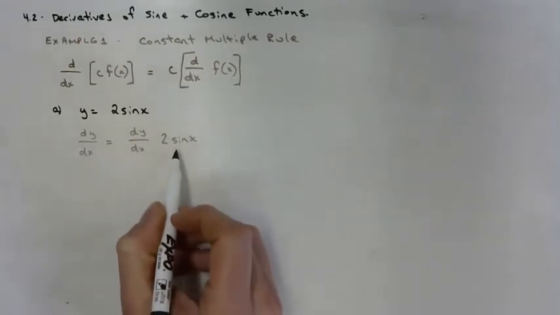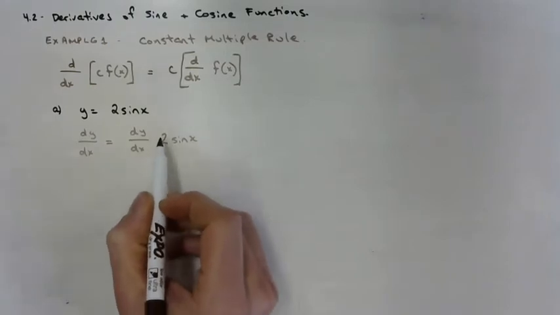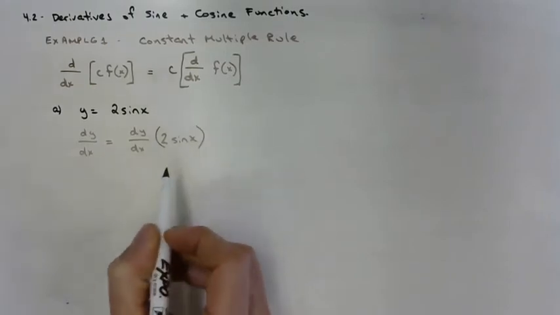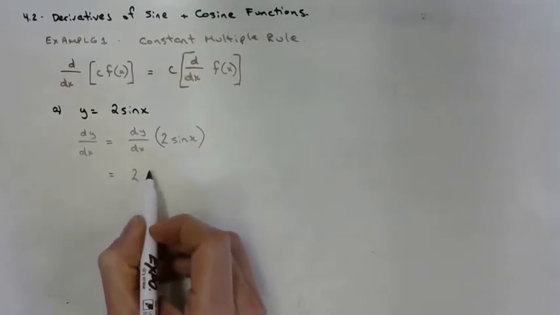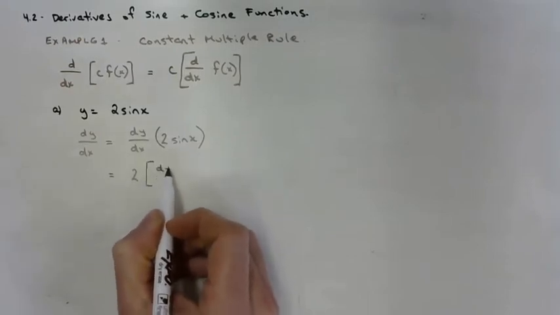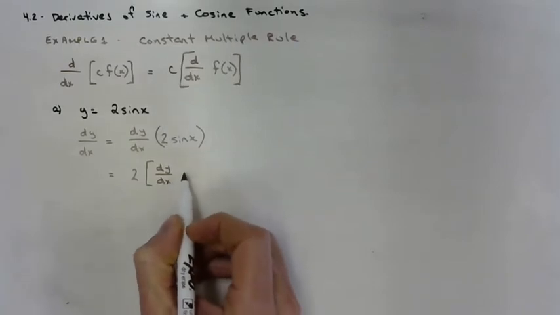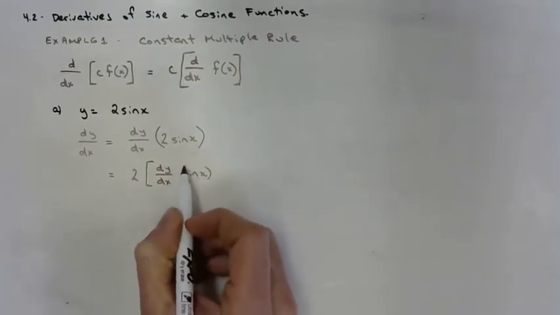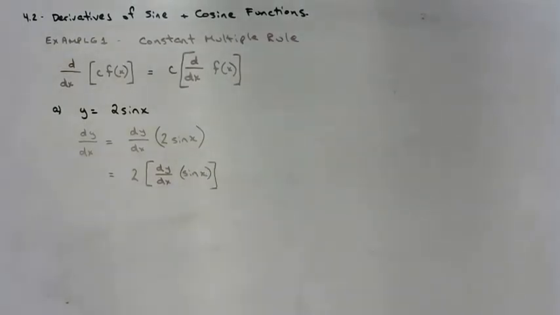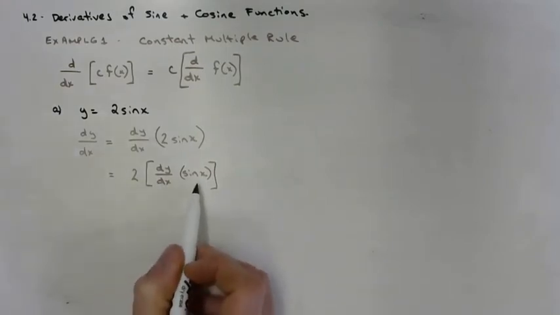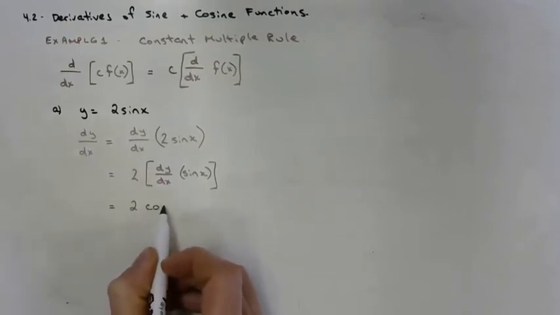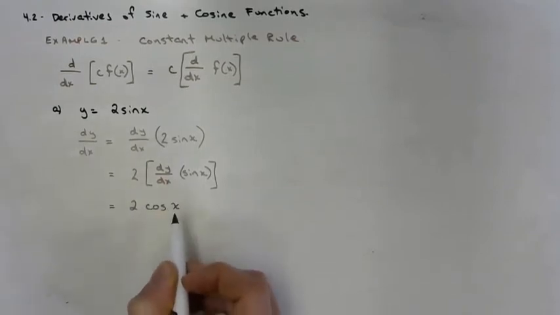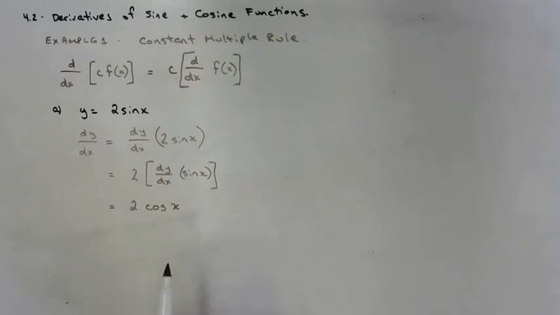Okay, so you can see we have a function, sine of x, and it has a constant multiplier of 2. So what we can do then is just put that 2 out in front and take the derivative of sine of x. We know that the derivative of sine of x is cosine of x. So the derivative here is just 2 times the cosine of x, and that is done.